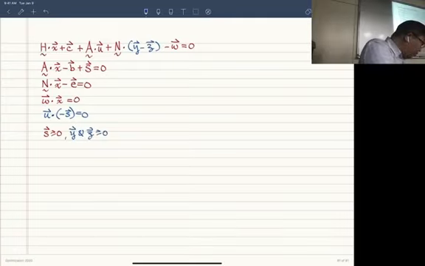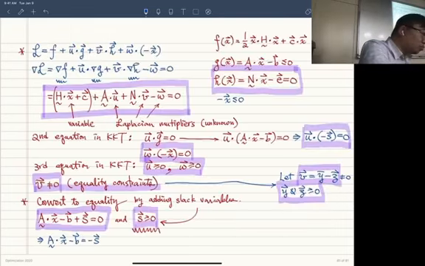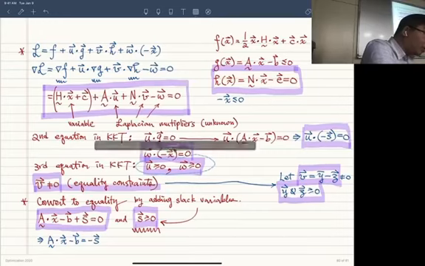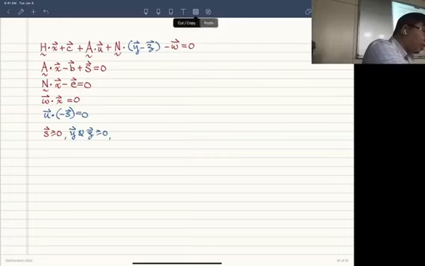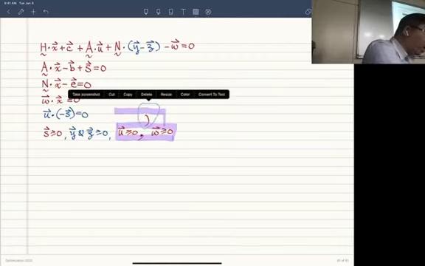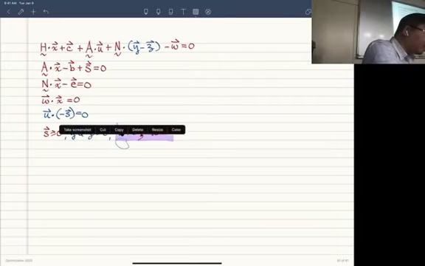And what else? In this original problem, we have, oh, I think I accidentally removed this guy. Copy it. Paste. So U and W, they should be positive, right?